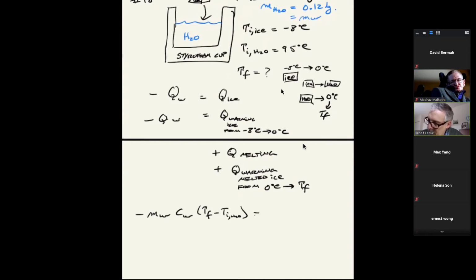This is going to be equal to the mass of the ice times the specific heat capacity of the ice times 8 degrees Celsius, since it goes from -8 to 0, plus the mass of the ice times the latent heat of fusion of water, plus the mass, which is no longer ice but liquid now, times the specific heat capacity of the water times TF minus 0 degrees Celsius.